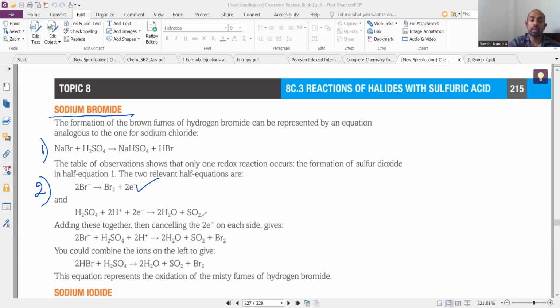And then you can write everything together, right? This shows how everything forms.